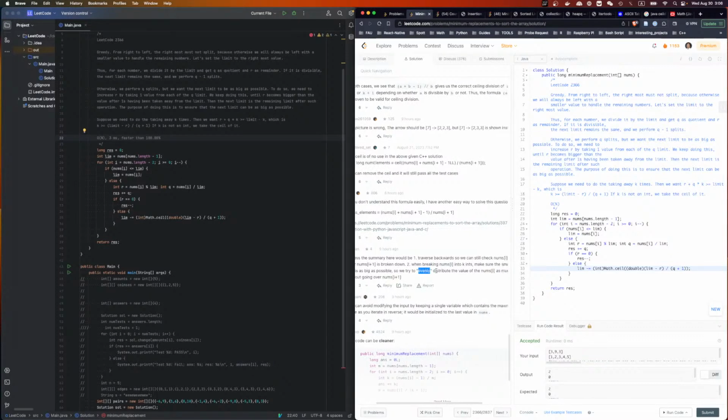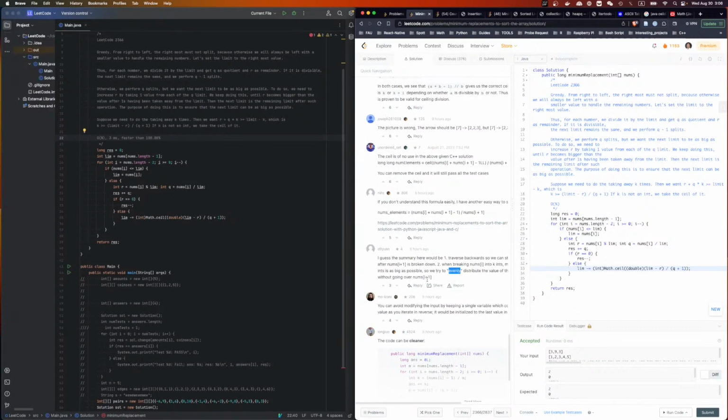That's a good way to say evenly distribute. Yes.